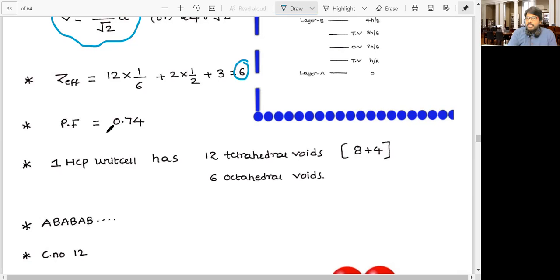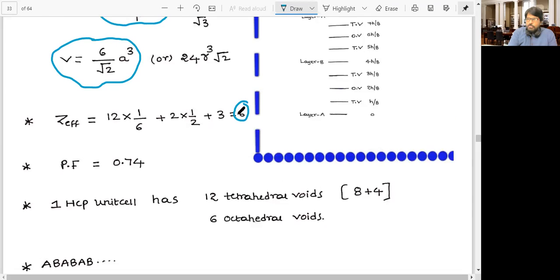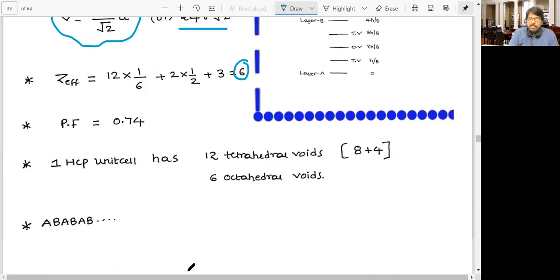How do we get the packing fraction? It is 6 into the volume of each atom, 6 into 4 by 3 pi r cube, divided by the volume of the unit cell. If you simplify, you'll get 0.74. The packing fraction of HCP and CCP unit cells is the same.